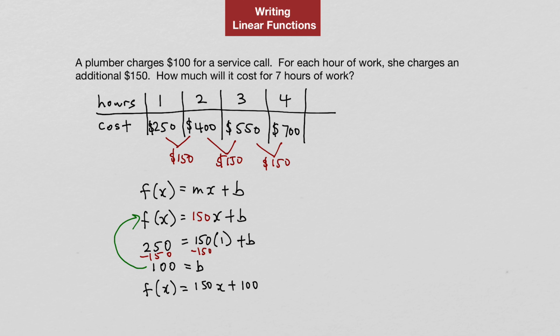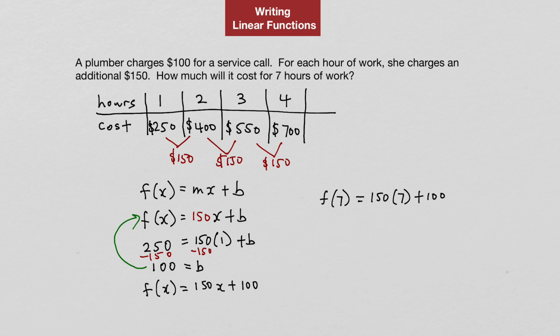And now we need to go back to the problem and answer the question, how much would it cost for 7 hours of work? Well, now that we know it's 7 hours, we can plug 7 hours in for x, and so it will be f of 7, which is 7 hours, is equal to 150 times, and rather than write x, we're going to write the number 7 and complete the equation.